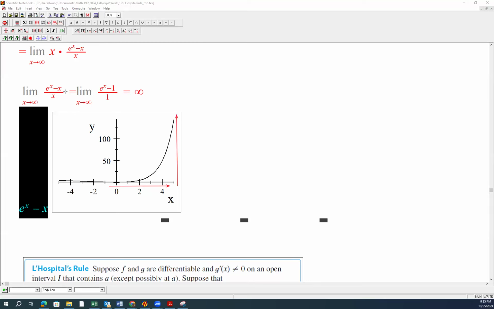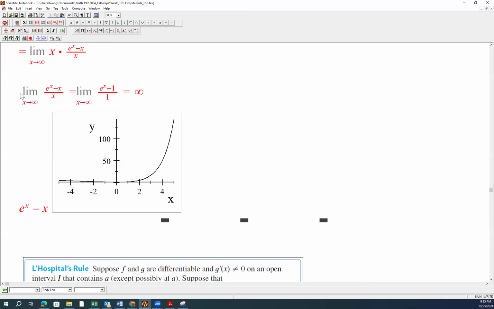So this piece, e to the power x minus x, does approach infinity indeed. Right, so I know all of these considerations. It's a lot of information.